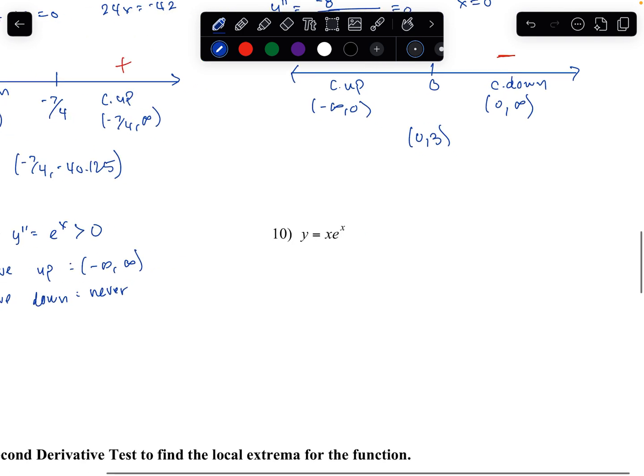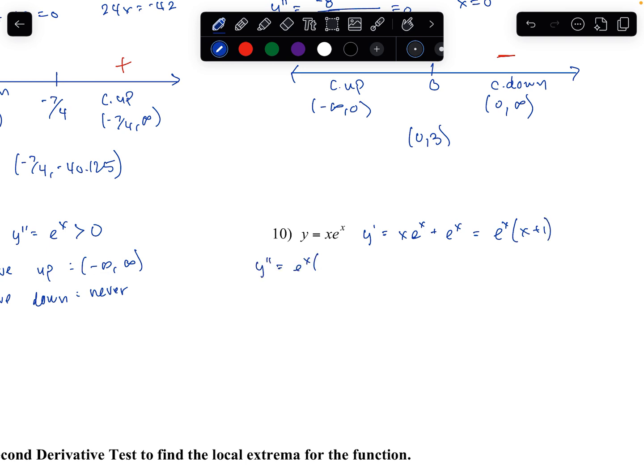All right, here, so we have y prime, that's going to be equal to the first times the derivative of the second plus the derivative of the first times the second. I'm going to factor out e to the x there. That's going to become x plus 1. Then the second derivative is going to be the first times the derivative of the second, which would just be 1, plus the derivative of the first times the second.